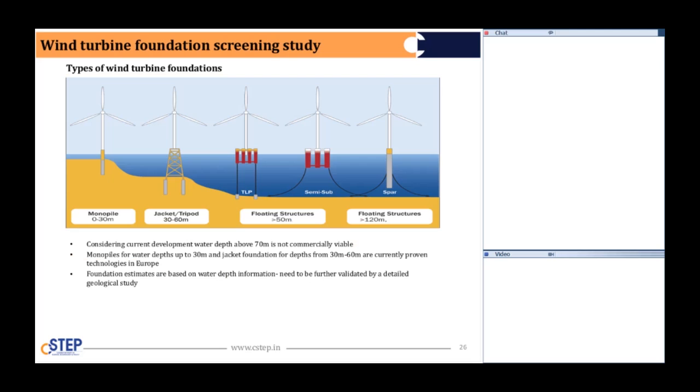Moving on to the wind turbine foundation screening study. The foundation typically depends on site-specific conditions such as soil condition, water depth, scour or erosion potential at the site, turbine capacity, cost, and environmental loading conditions.